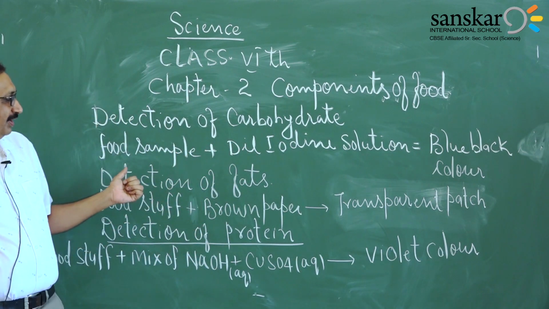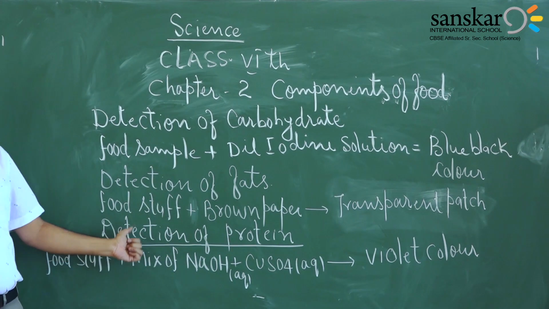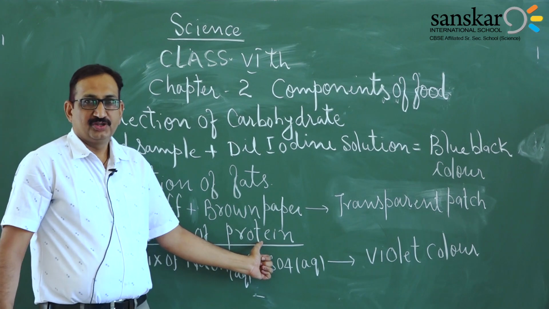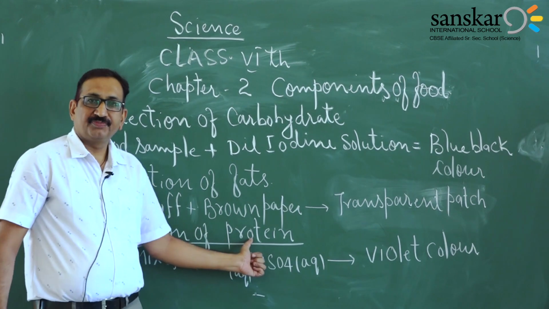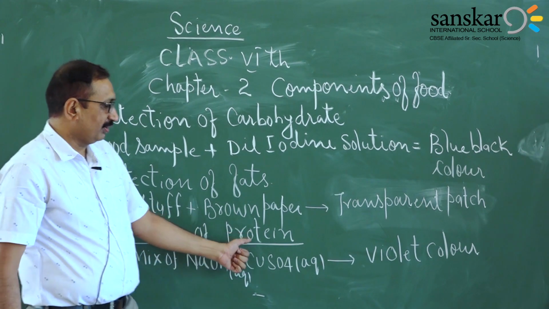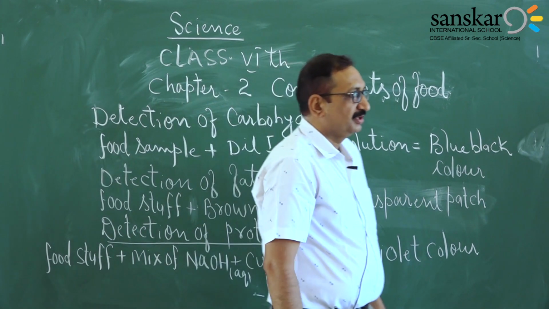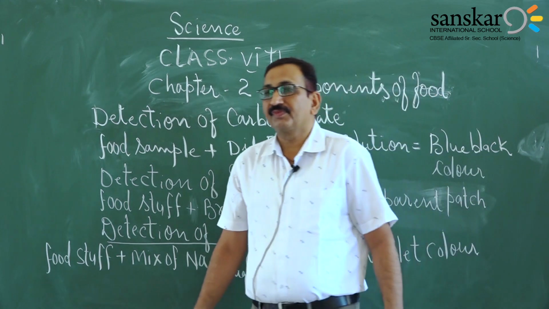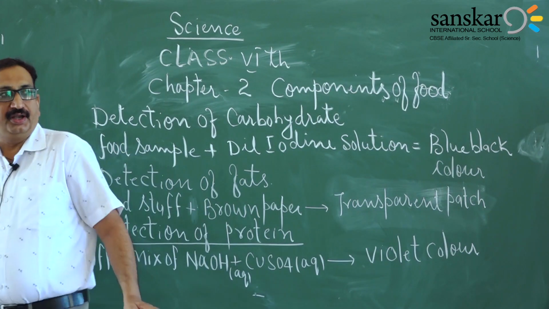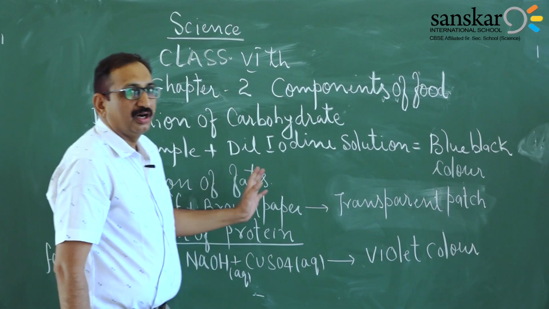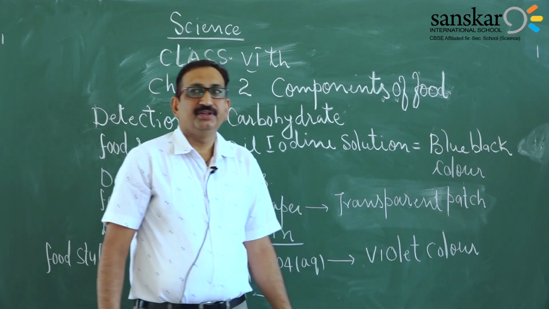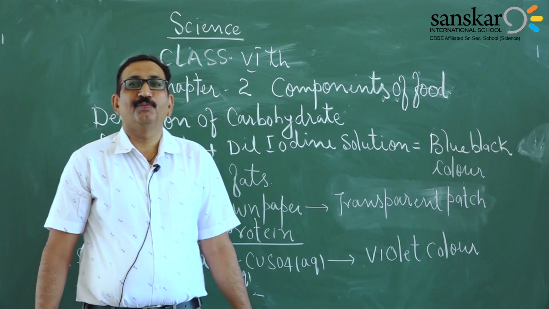And now next is the detection of protein. Today is the last experiment, the detection of proteins. I have explained that soybean, groundnut, green leafy vegetables, meat, fish and milk are rich sources of protein.